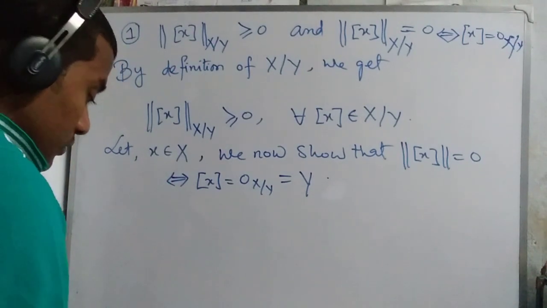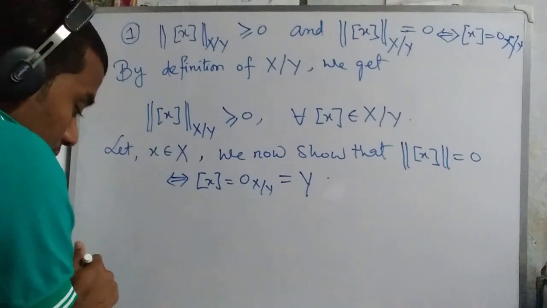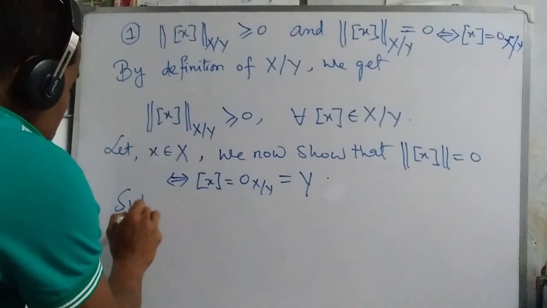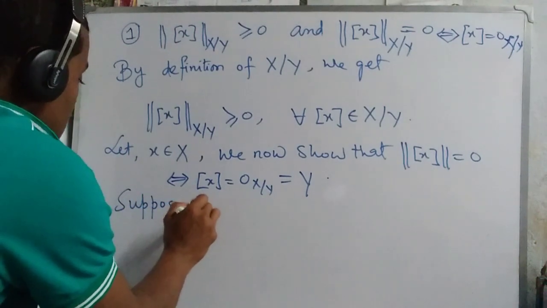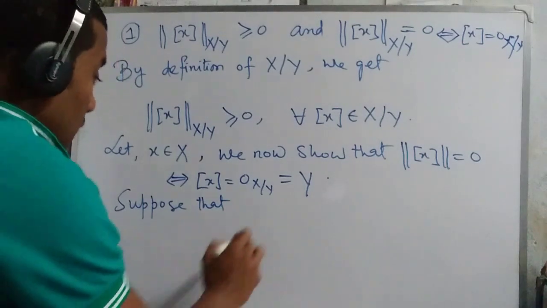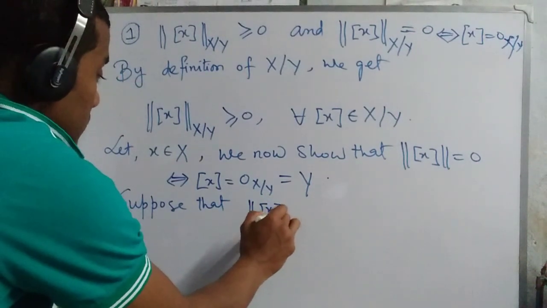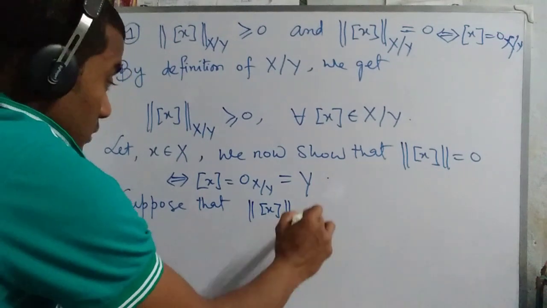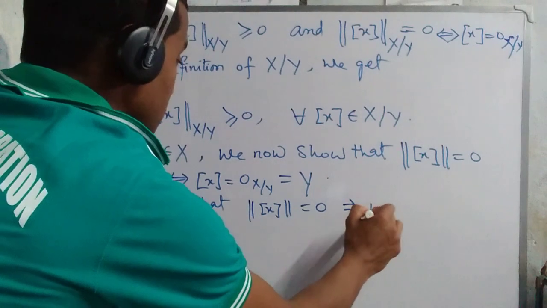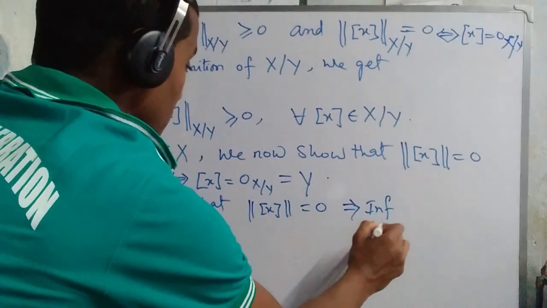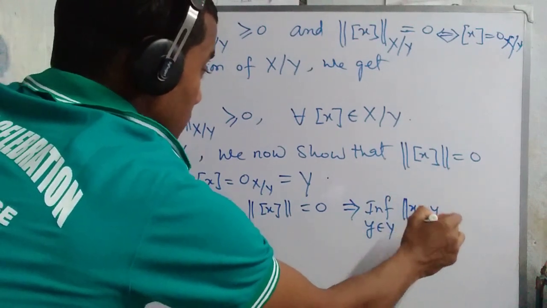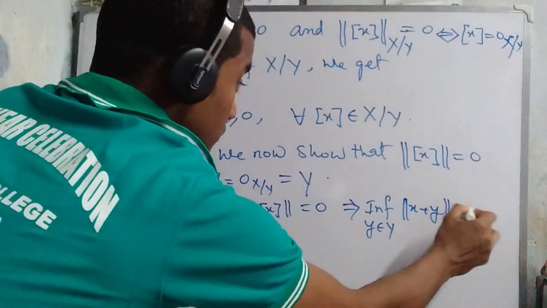How do we do this? Suppose that norm of [x] equals 0, then this implies infimum over y belongs to Y of norm of x + y equals 0.